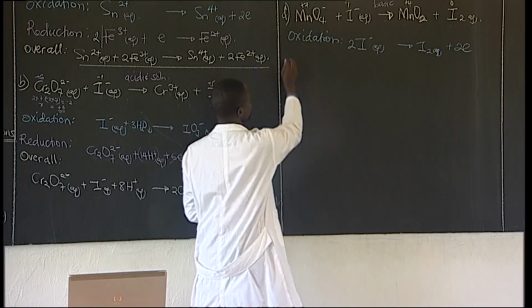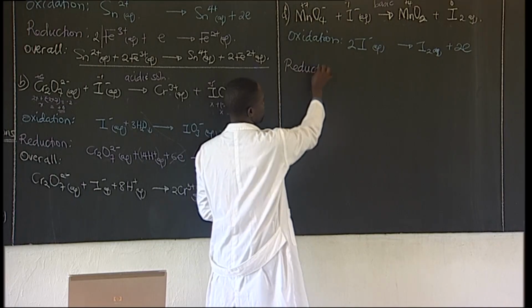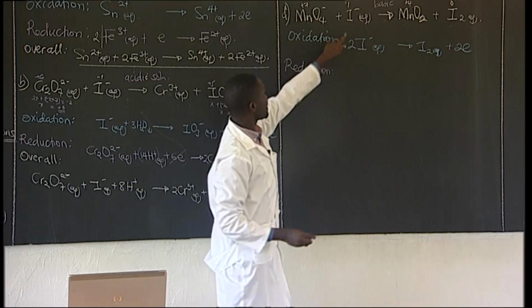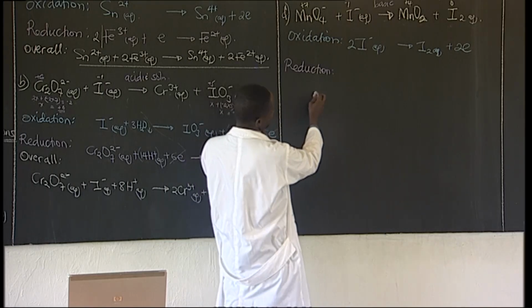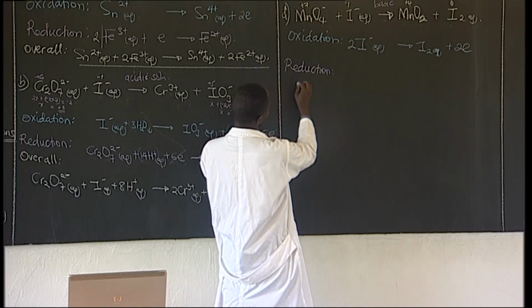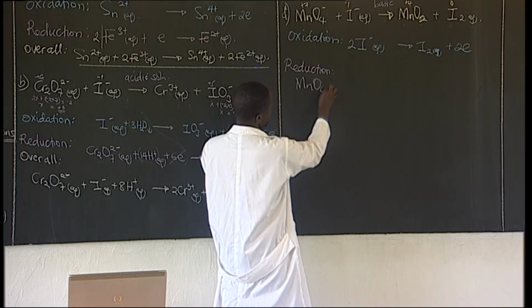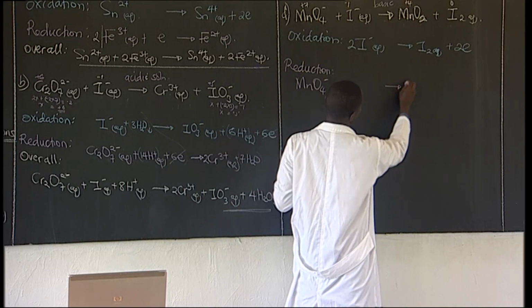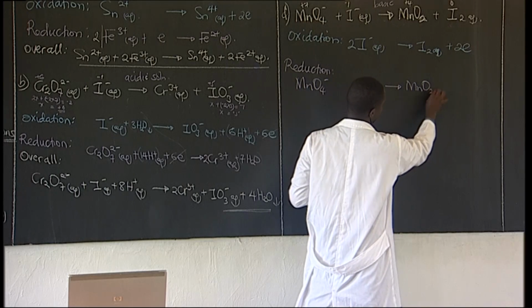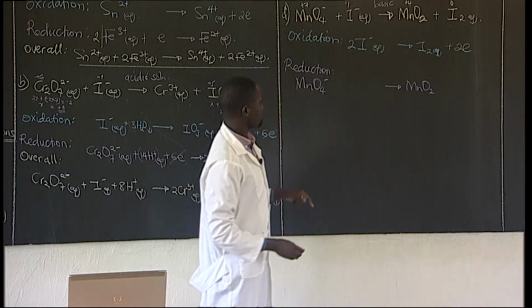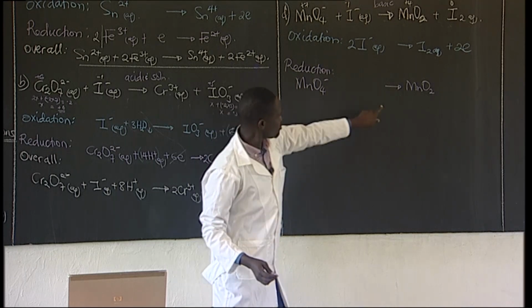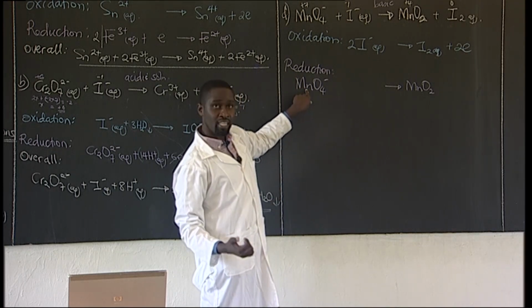Now, let's go to reduction. Remember, in this case, we have basic. In the reduction, what do we have? We have permanganate going to manganese 4 oxide. So, what do we do? Balance atoms. Manganese is balanced.